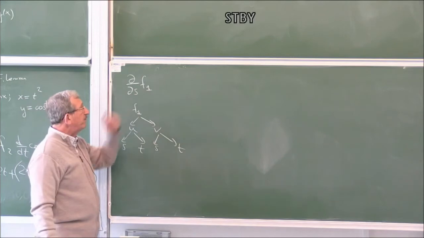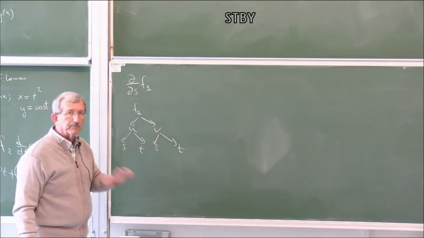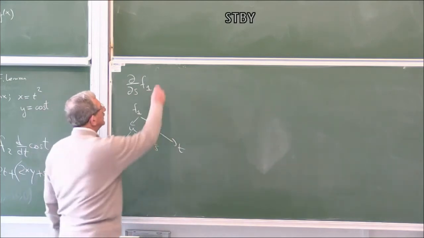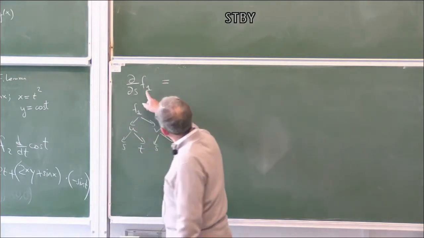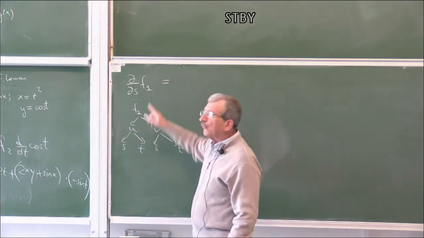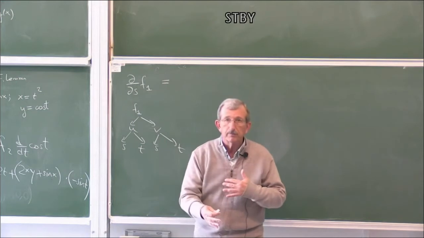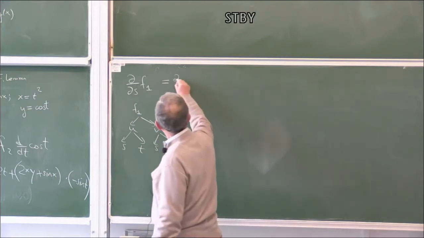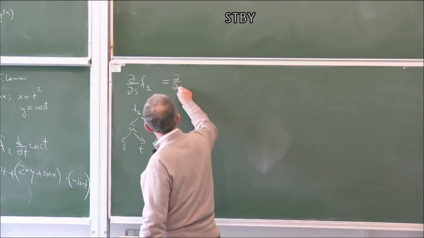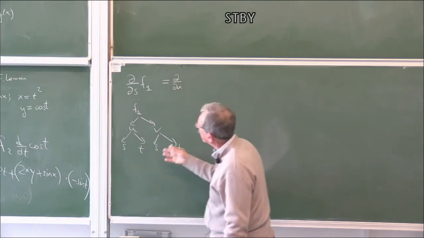But instead of f, we have f1, so we have to be careful. What was it after all? It was the derivative of f1 with respect to its first variable, namely, it is del f1 del u. I can use the tree here as well.